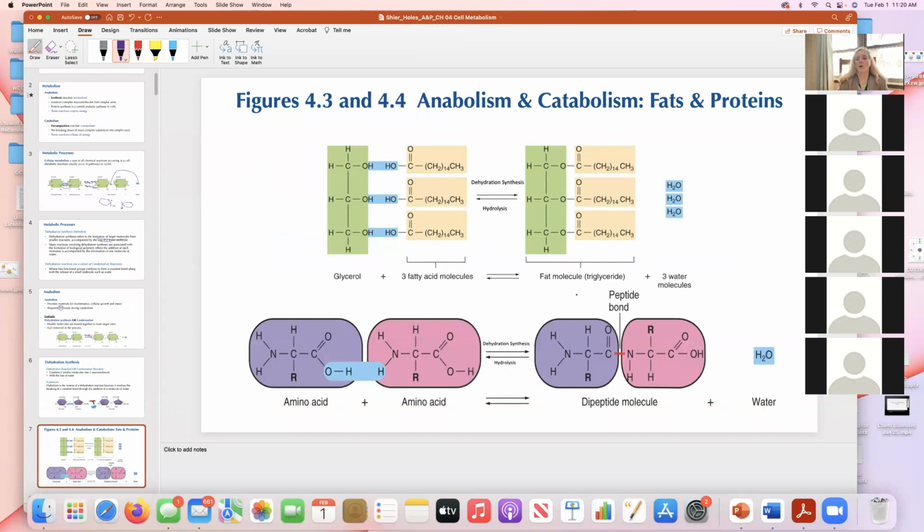All right, so when we look at anabolism and catabolism of fats and proteins, okay, so here's back to our friends. Here's glycerol. Every carbon looks the same: CH2OH, CHOH, CH2OH. Okay, so you can see where part of the water is going to get removed off on glycerol as it attaches to fatty acids.